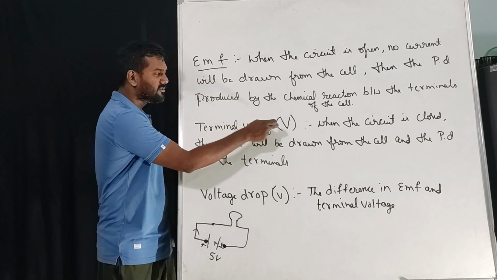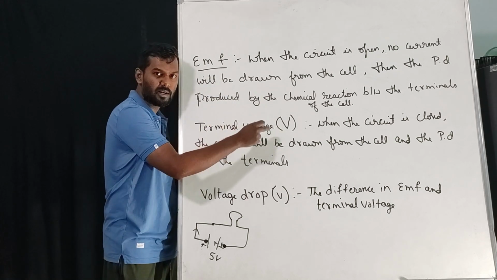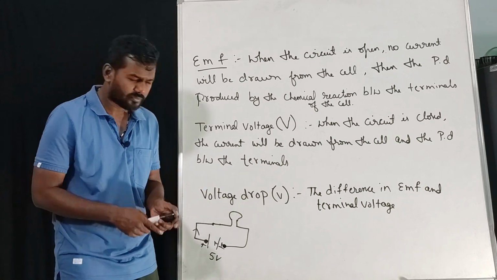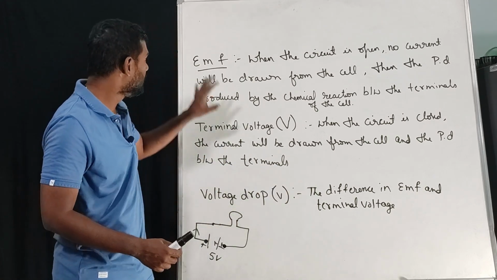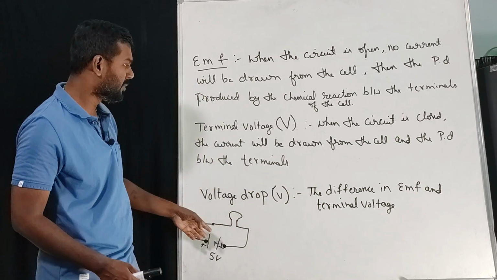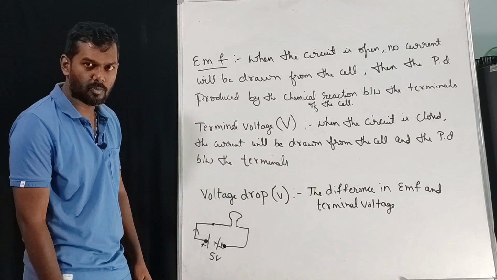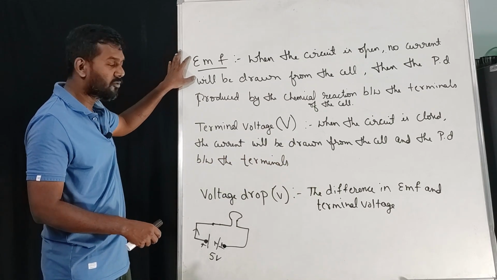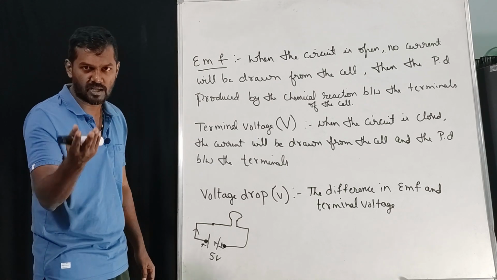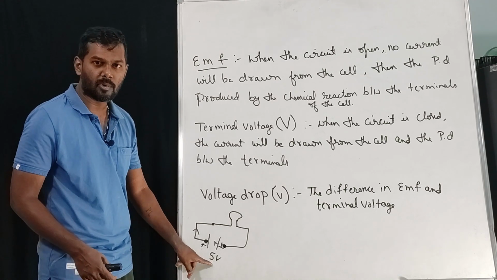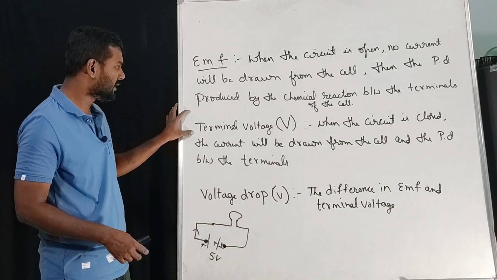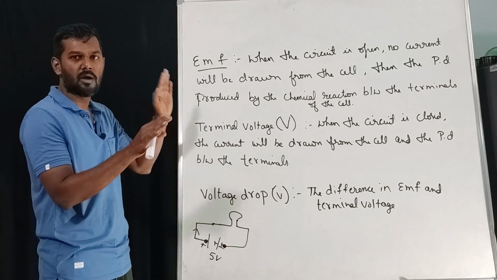So terminal voltage we represent as capital V, voltage drop as small v, and the difference between the EMF and terminal voltage will be voltage drop. And one thing you need to know, EMF will always be greater than the terminal voltage, because of the voltage drop. Keep this in mind.